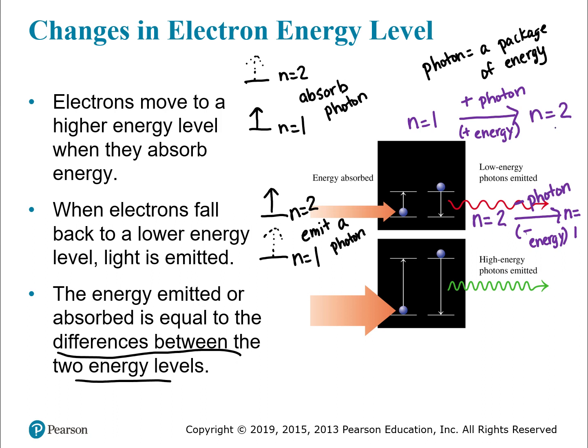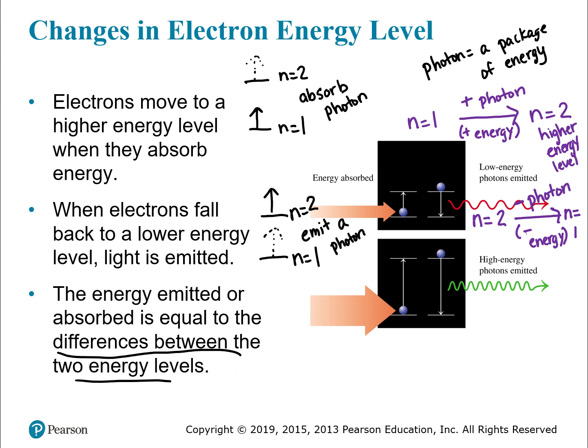Because remember, n equals 2 is a higher energy level. So to get there, you need more energy to be further away from the nucleus.